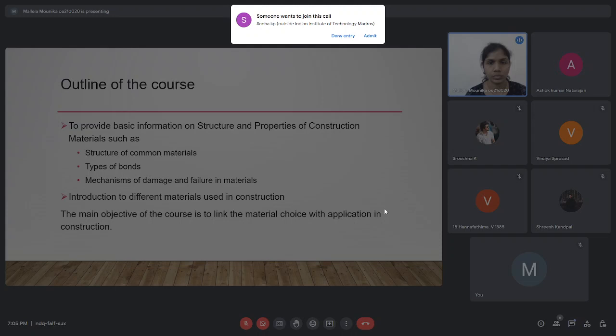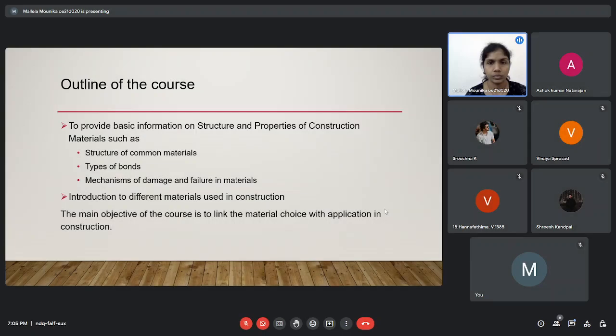Finally, we can say that the objective of the course is that after the end of the course, you will be able to link the material choice with the application in construction. Suppose you want to go for some construction, first you have to select the material.